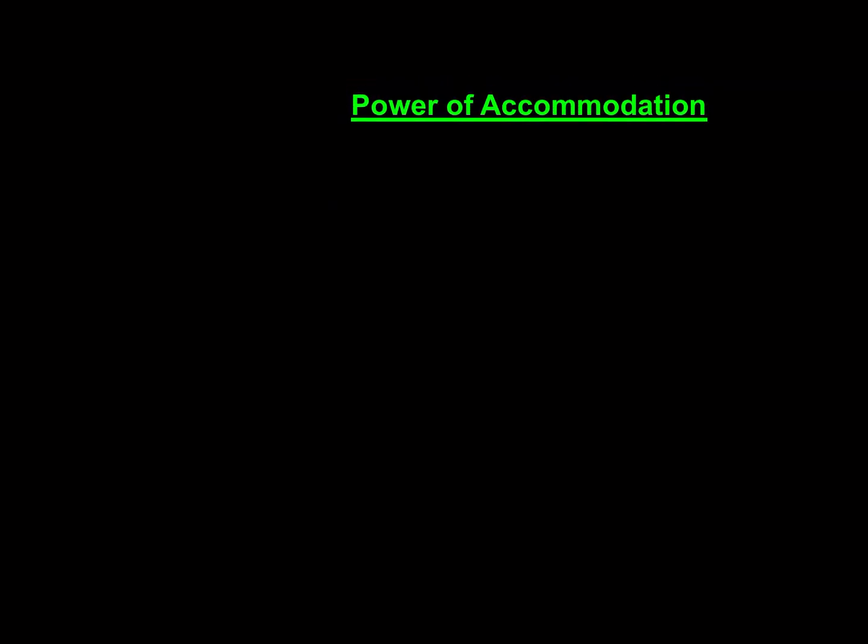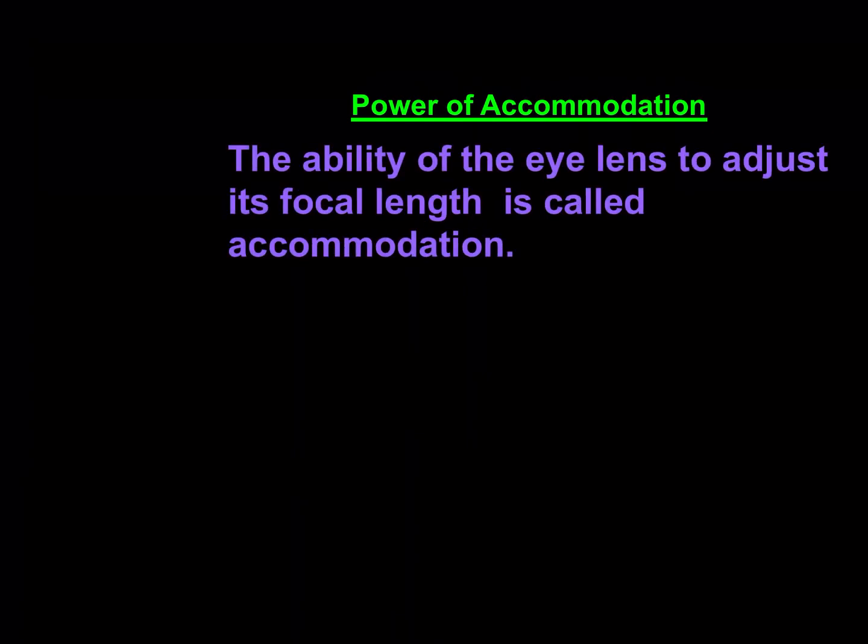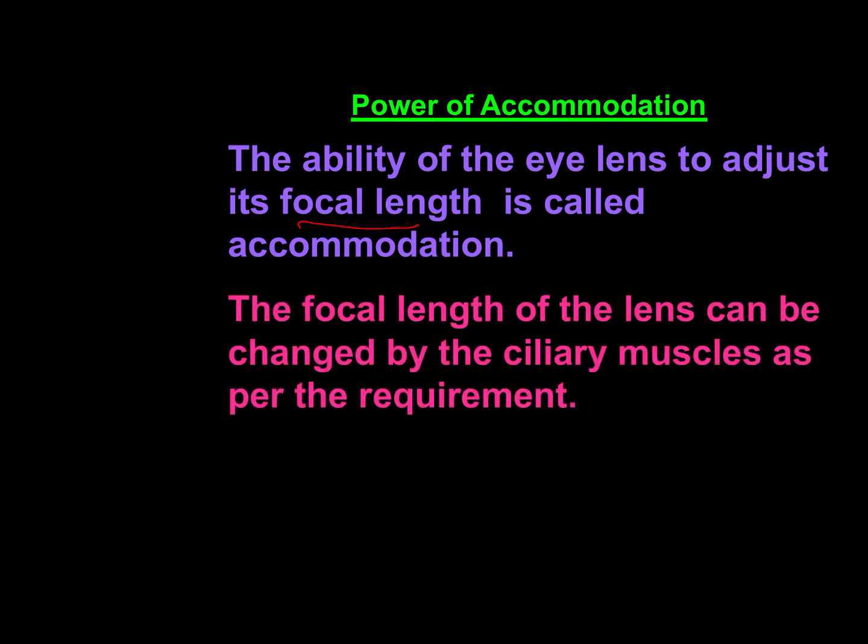Now, power of accommodation. This is a very important term. So what is it? The ability of the eye lens to adjust its focal length is called power of accommodation. The focal length of the lens can be changed by the ciliary muscles as per the requirement.